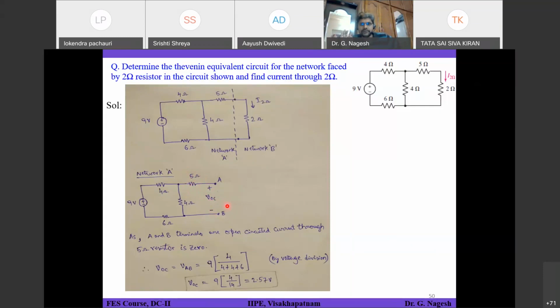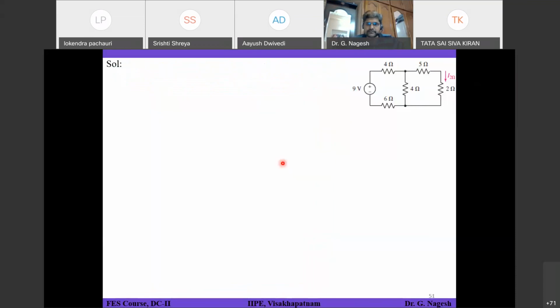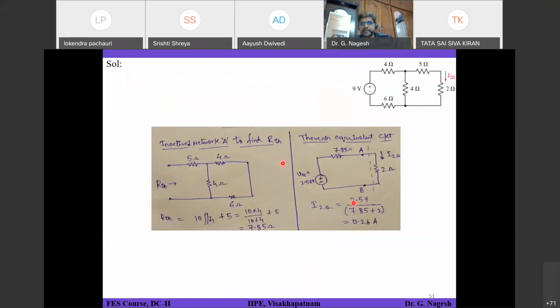If you want to cross check this: with this method, you found the current flowing through the 2 ohm resistor is about 0.26 amperes, right? You can apply nodal analysis and find the current flowing through the 2 ohm resistor.